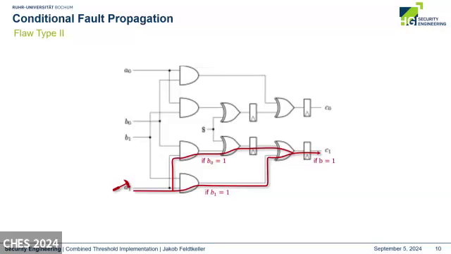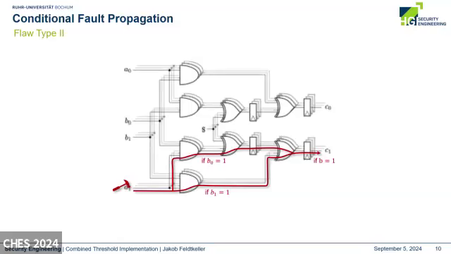And this means that at the output, we only have an effective fault if the secret B is equal to 1. However, this alone doesn't help anything because the adversary doesn't know whether we have the faulty or the correct value here. So we cannot distinguish between an effective fault and an ineffective fault. However, if we have replication, and we have a probe that can observe 2 of those replications, or we have 2 probes that can do that, we can distinguish a correct from an incorrect run and learn the secret B again.